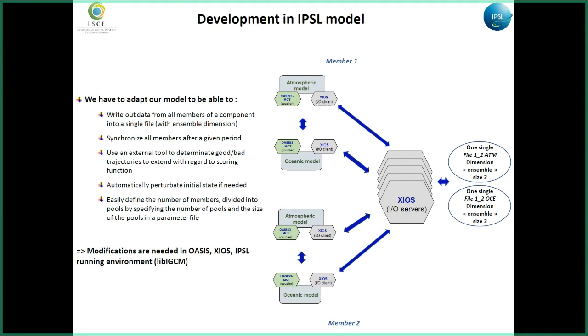We would like also to automatically perturb the initial state if needed. And finally, easily define the number of members, which could be divided into pools, by specifying the number of pools and the size of the pool in a parameter file.